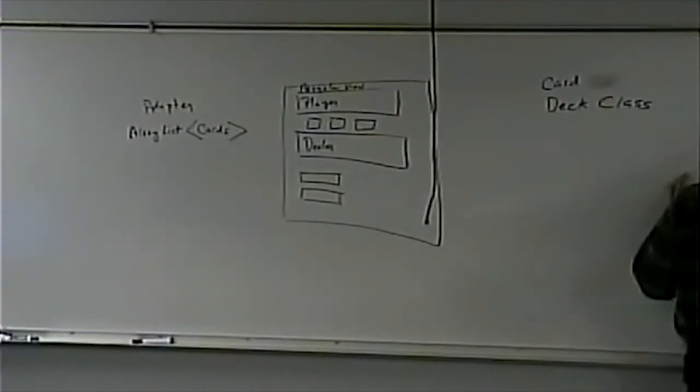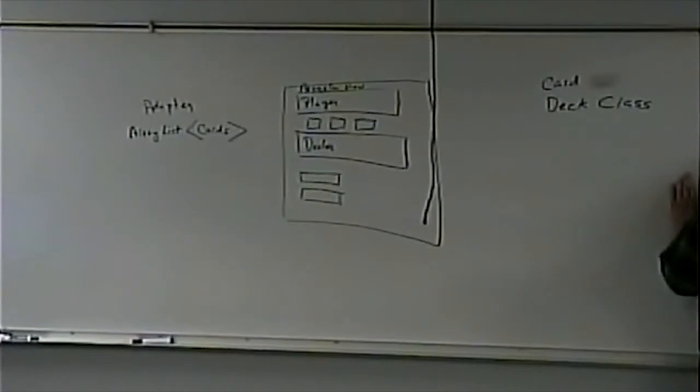It's going to accept two arguments. An array list of cards for the player, an array list of cards for the dealer.